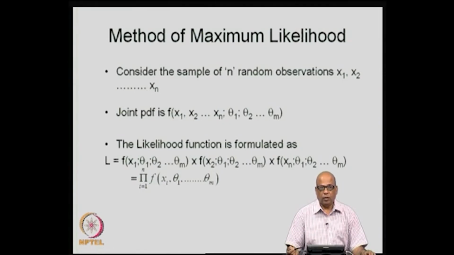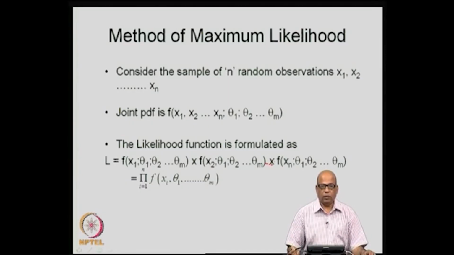Now, your f of x, if we write it for x is equal to x 1, x is equal to x 2, etcetera, then we define a likelihood function as f of x 1 theta 1 theta 2 etcetera theta m into f of x 2 theta 1 theta 2 etcetera theta m into f of x n theta 1 theta 2 etcetera theta m, and so on for n terms.